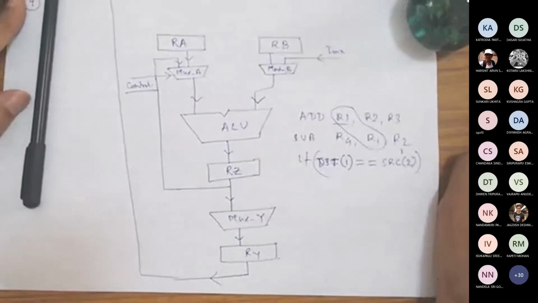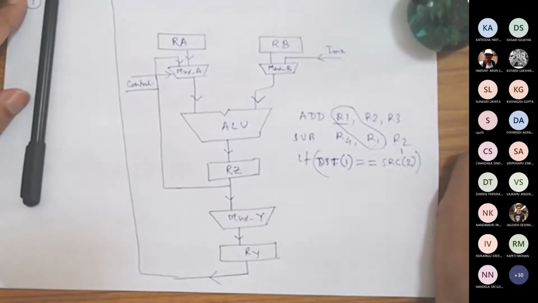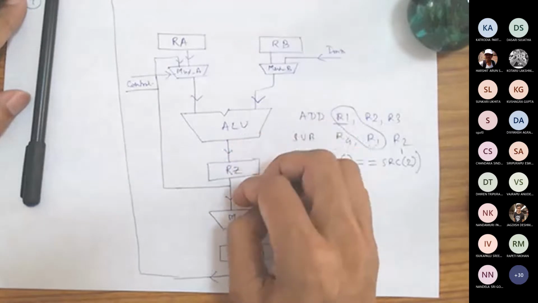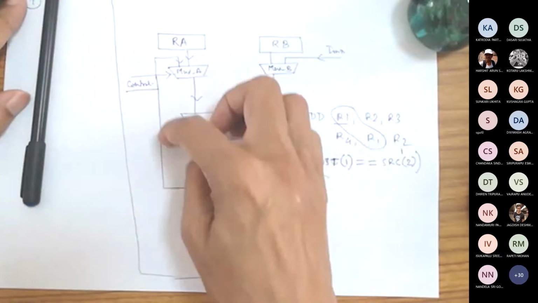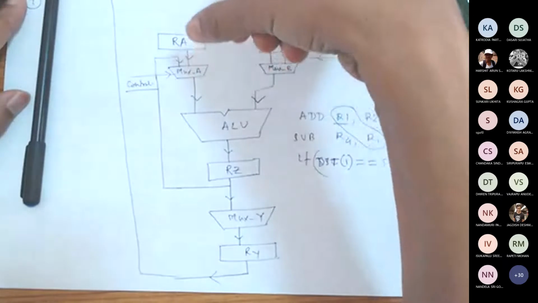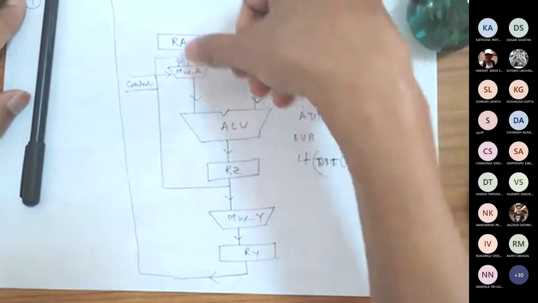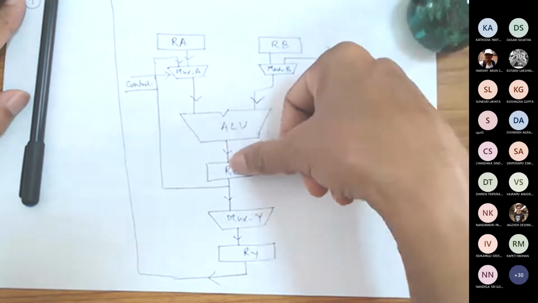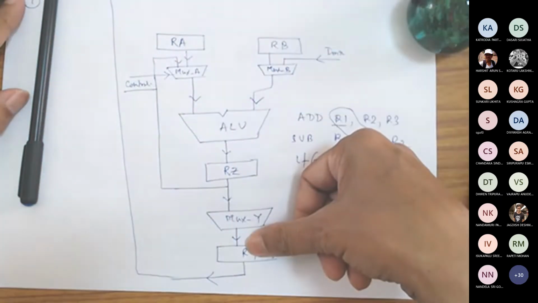Sir, you wrote something like MA to EX. What is that? Forwarding from MA to EX. MA means memory stage, EX means execute stage. When the value passes from RA to RZ, what is this stage? That is the execute stage. When the value passes from RZ to RY, what is this stage?